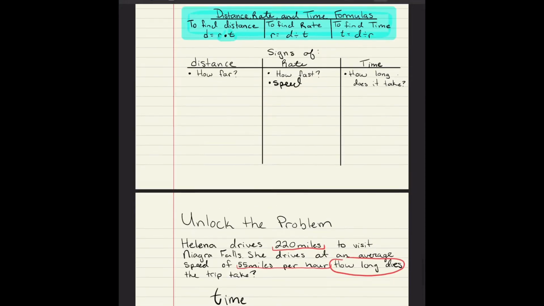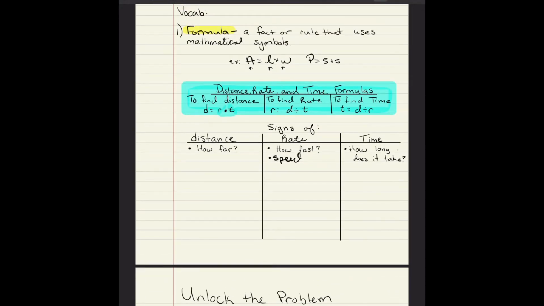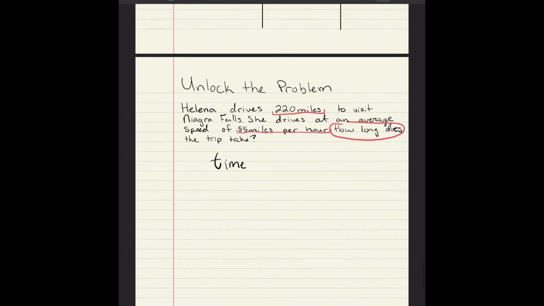And the formula for that was time equals distance divided by rate. So let's plug that in. So it's time equals, I'm going to change the time to just a T. T is time.